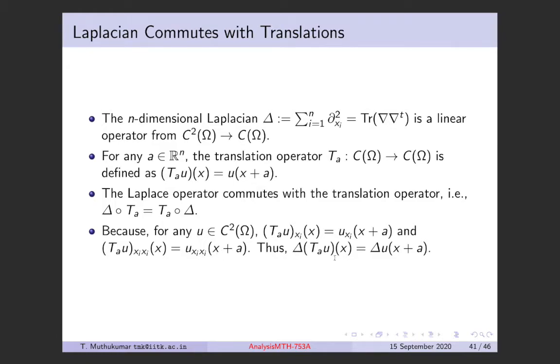So this is precisely by this computation Laplacian u at x plus a, and this is precisely the translation of Laplacian u, right? By this definition, Laplacian u at x plus a is nothing but the translation of Laplacian u, which is T_a composed with Laplacian. So Laplacian commutes with translation.